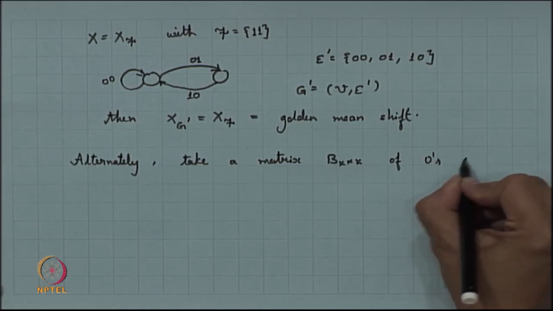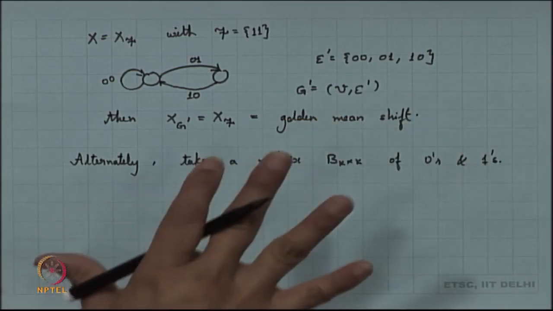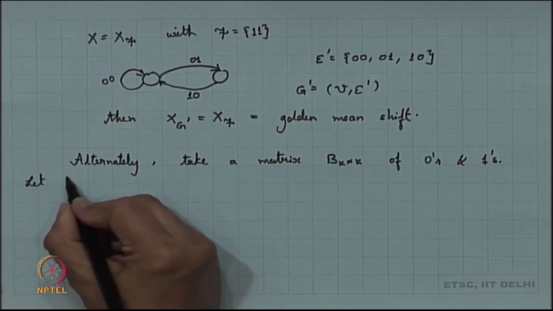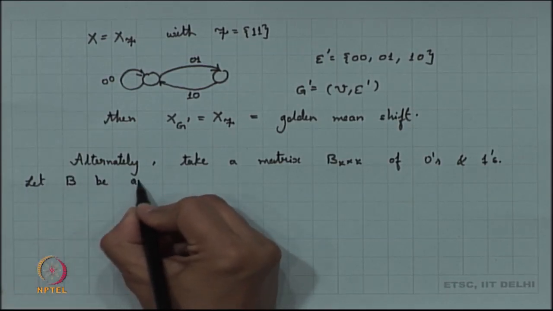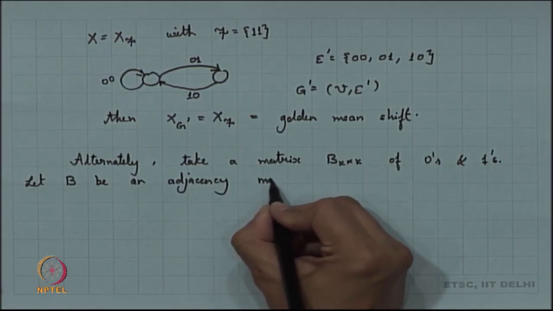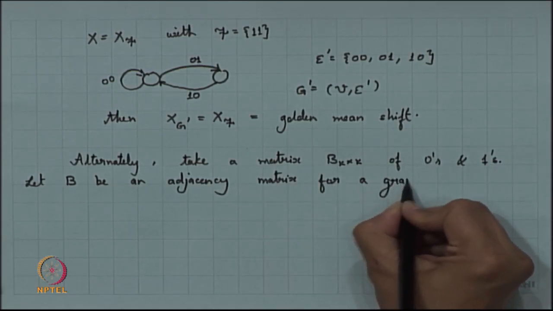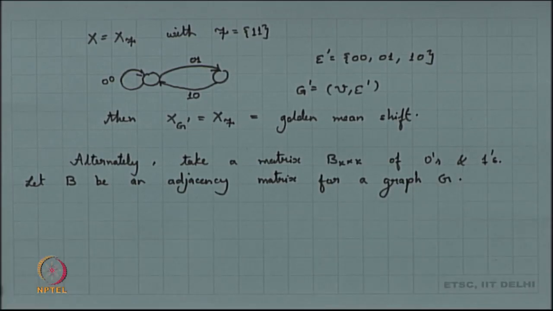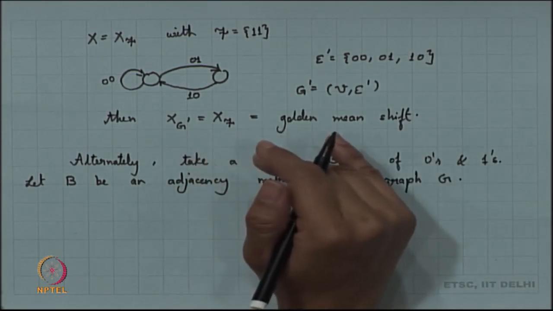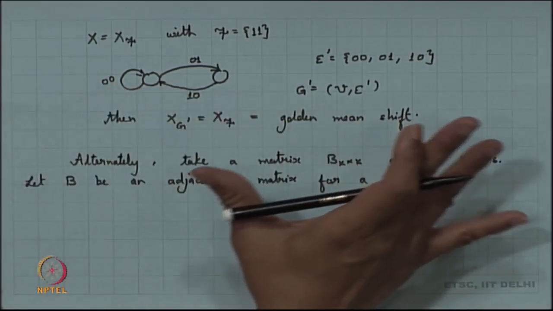The only entries of B are zeros and ones, and now let this B be an adjacency matrix for some graph G. So, we can think of this graph G, and this graph G will have k vertices.